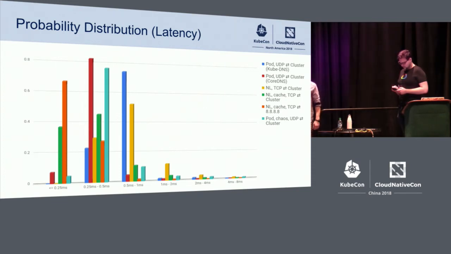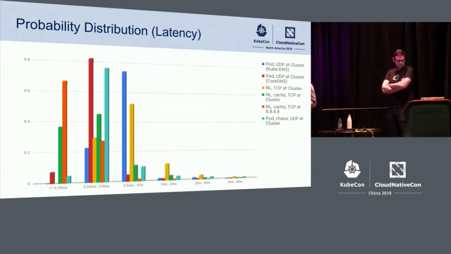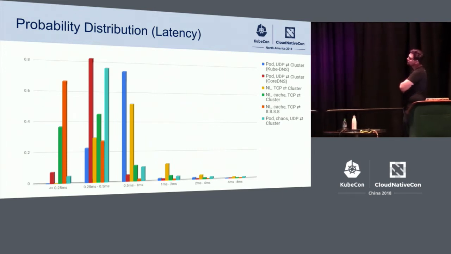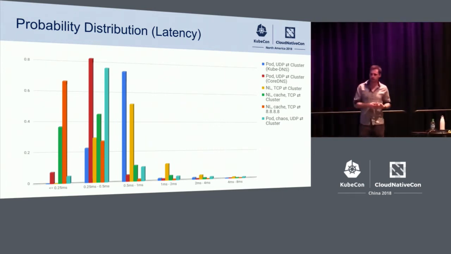The second one in red is basically the new setup for you, which is using CoreDNS as the central DNS instance. And we see a lot better performance. So we're already upgrading your DNS by default to be more performant and more reliable. And now we enter the NodeLocal setups. So what is actually deployed when you use the NodeLocal cluster add-on right now with 1.13, it will cache automatically.